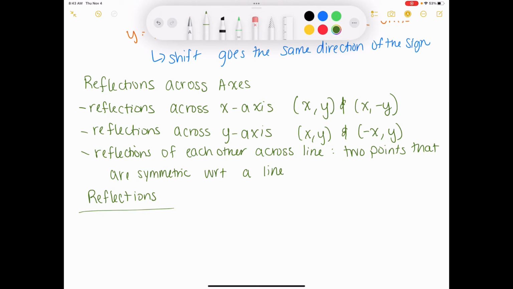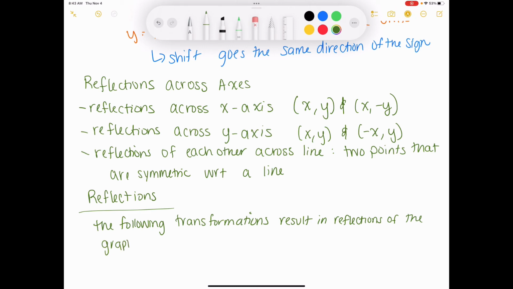Alright, so the following transformations result in reflections of the graph of y is equal to f of x.